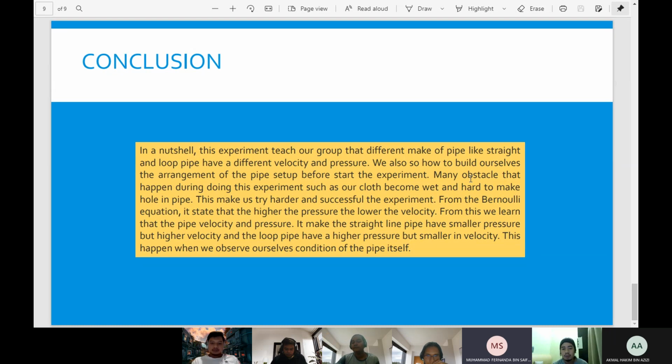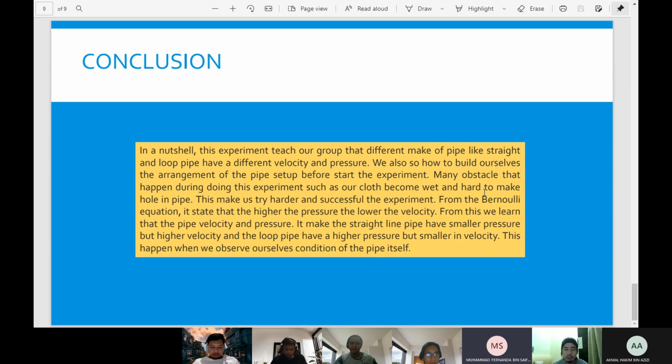We also saw how to build the arrangement of the pipe setup ourselves before starting the experiment. Many obstacles happened during this experiment, such as our clothes becoming wet and it being hard to make holes in the pipe. This made us try harder and succeed in the experiment.